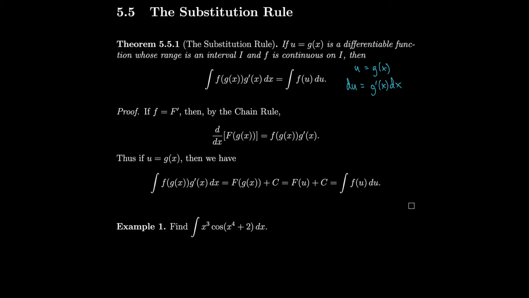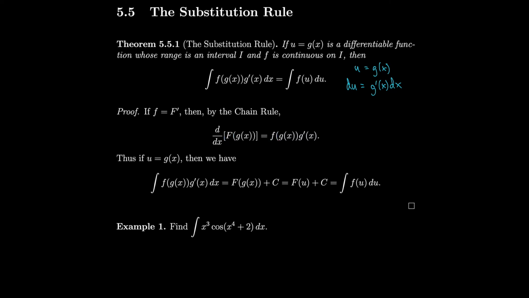Let's do the proof of this real quick. If lowercase f is the derivative of capital F, then by the chain rule, we have the derivative of F of g of x is f of g of x times g prime of x. See, this big F becomes little f when you take the derivative.